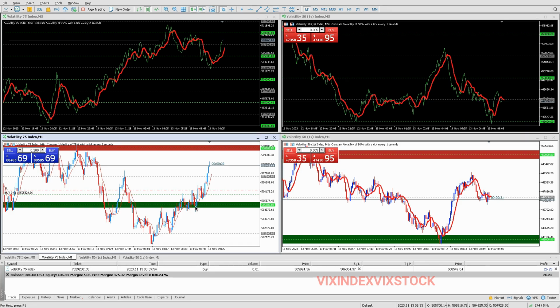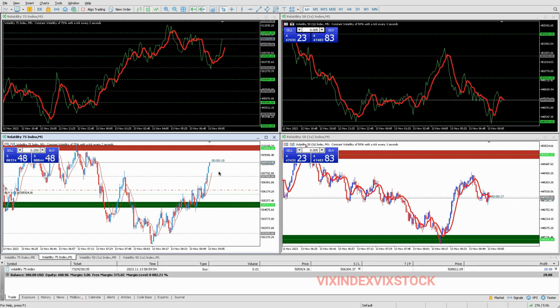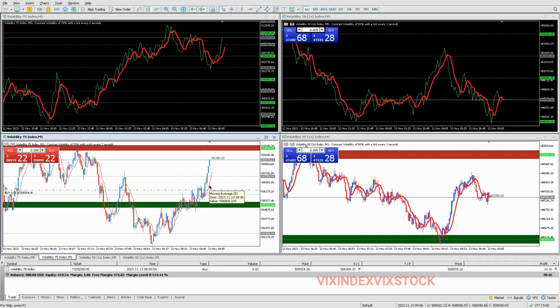So when price comes to my levels here, I'm looking for opportunities for price to push up, and as an added tool to screen trades, I'm also using this moving average. It's moving average 5, and you can see also here it's moving average 5.